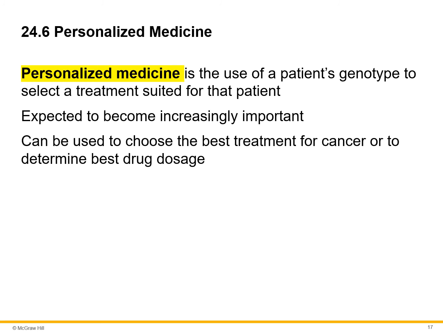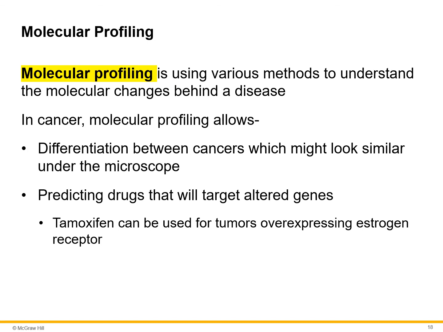So the idea behind that is, by using the genome analysis, you could get a profile of an individual's, for example, tumor. So you could do a molecular gene profile of a sample of a tumor from an individual that might have breast cancer or colon cancer.